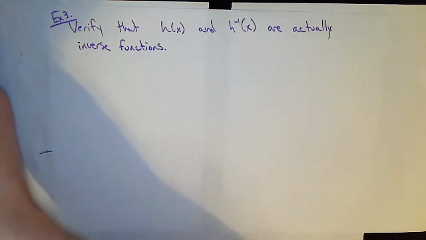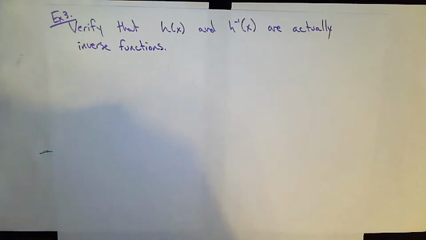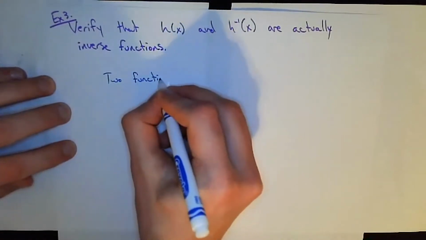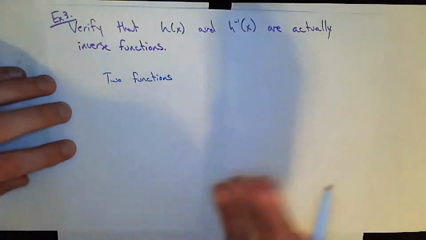Two functions are inverses of one another. What are they supposed to do? They're supposed to undo each other.